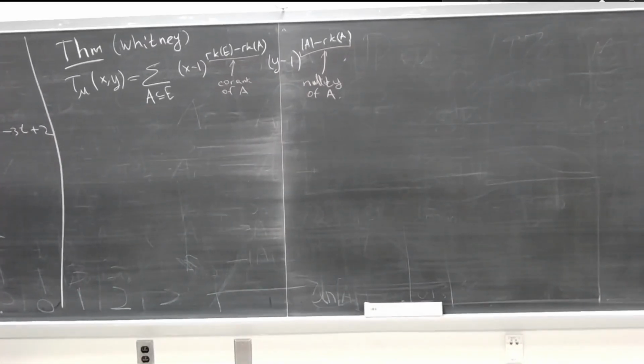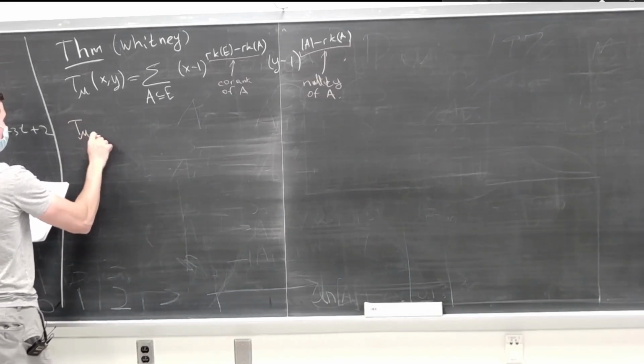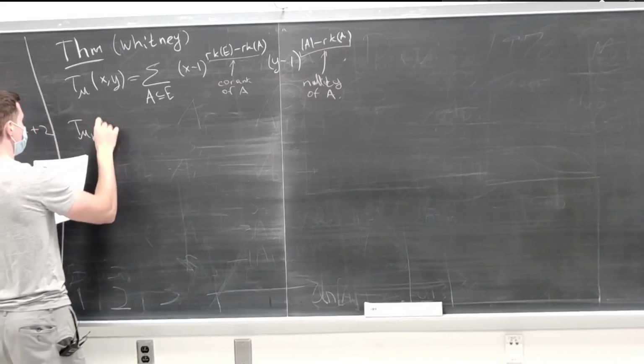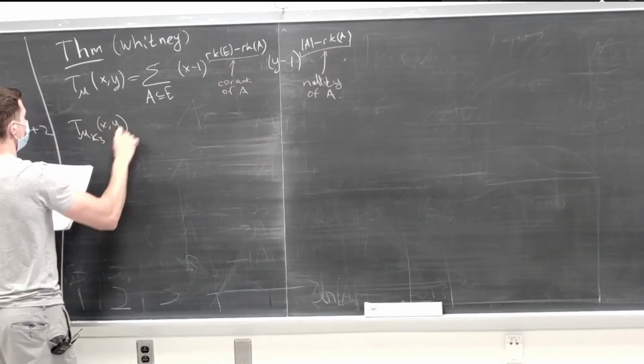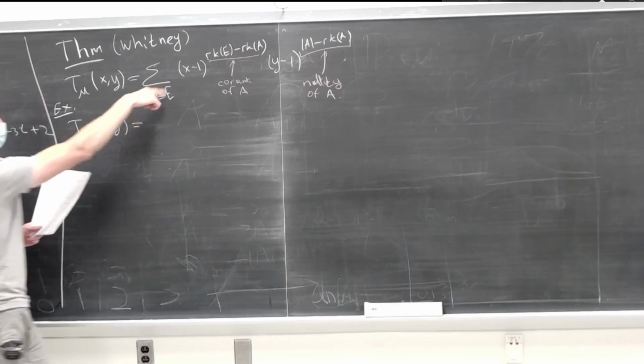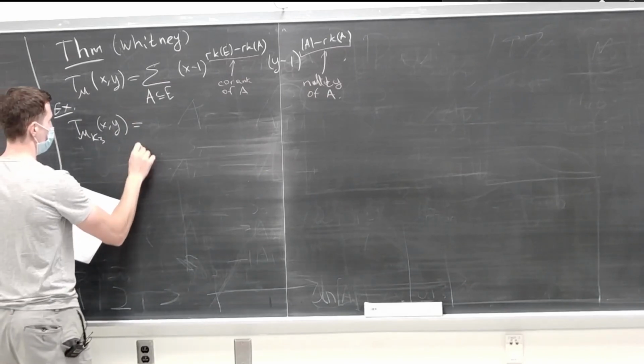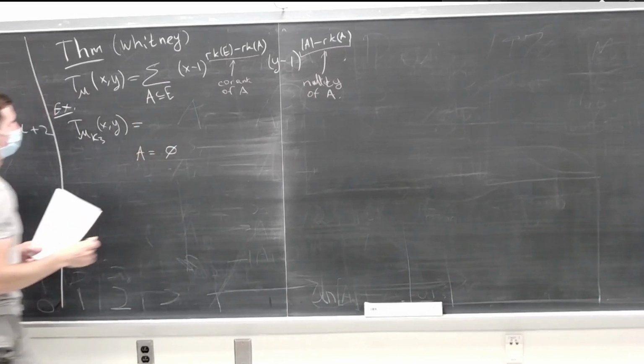So let's try an example. Let's say my matroid comes from the complete graph on 3 vertices. Then I'm supposed to take a sum over 8 sets. So A could be the empty set.